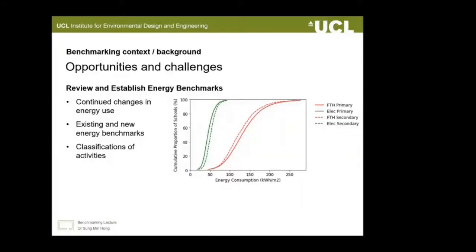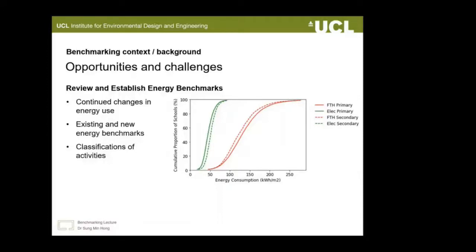We've also noted that existing classifications tended to be based on a small number of case studies, and through our research at stock level, what we've realized is that there are possibilities of reviewing classifications as well.